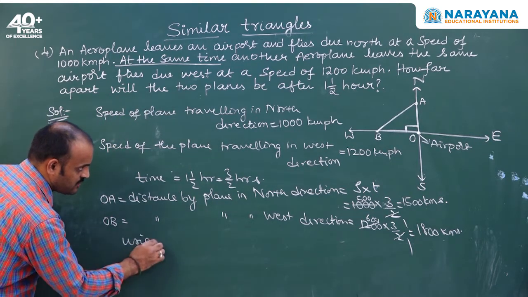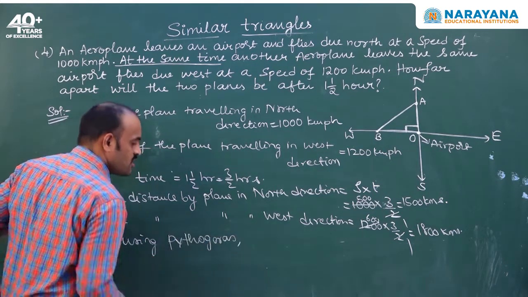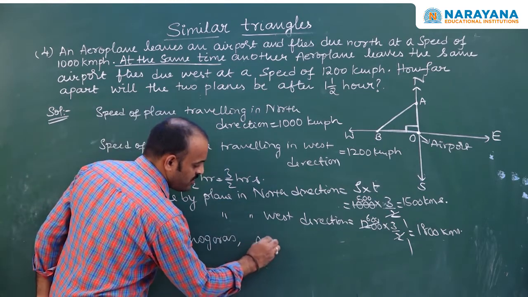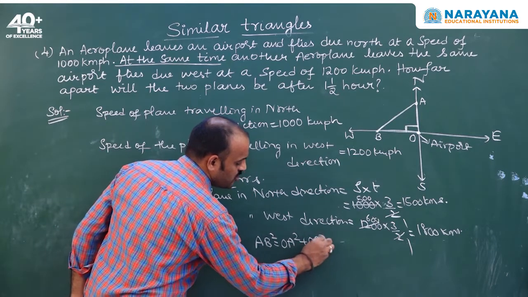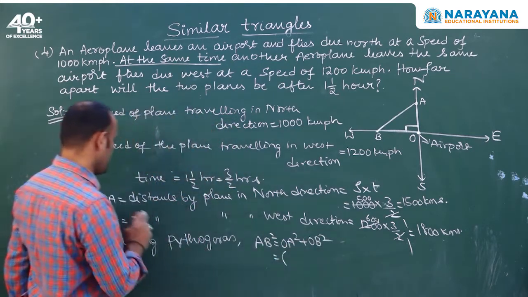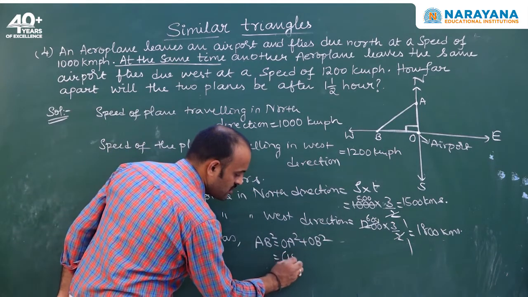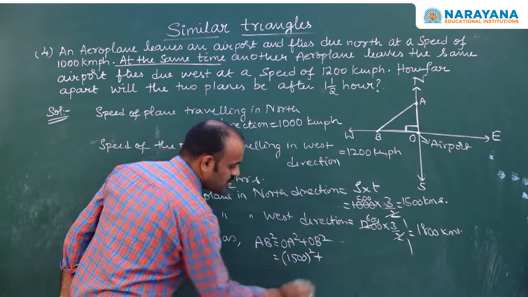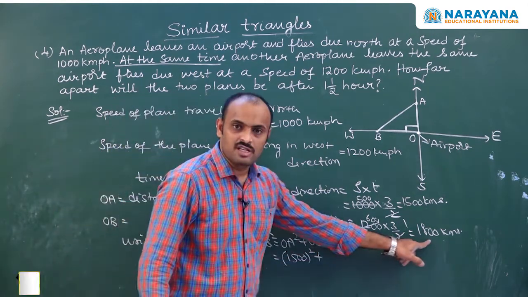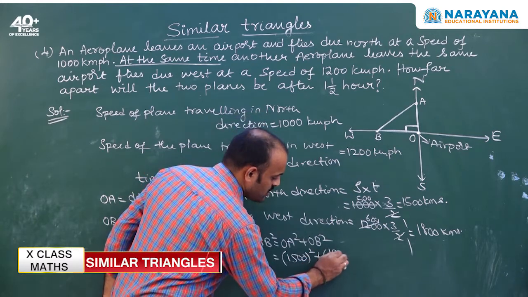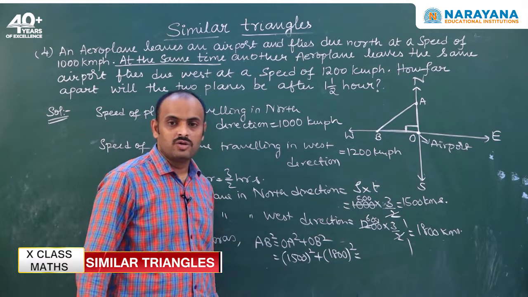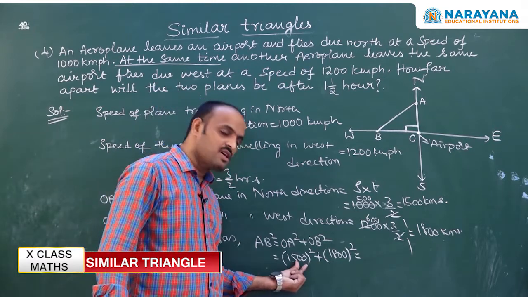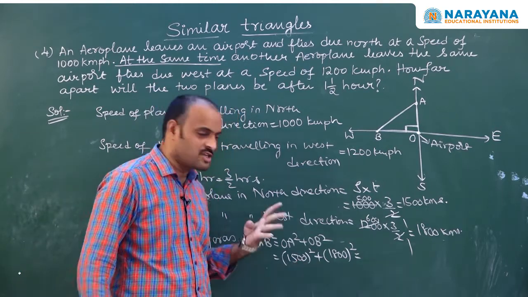Using Pythagoras theorem, AB square is equal to OA square plus OB square. OA is nothing but 1500 square plus OB, which is nothing but 1800 square. What is 15 square? 225. 2 zeros are there in it, if you square it, you will get 4 zeros.